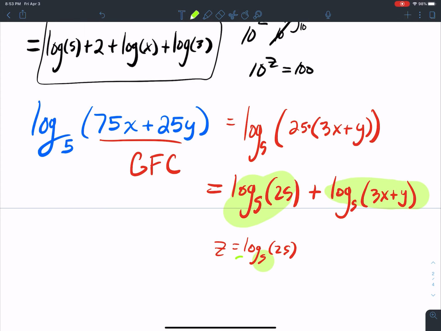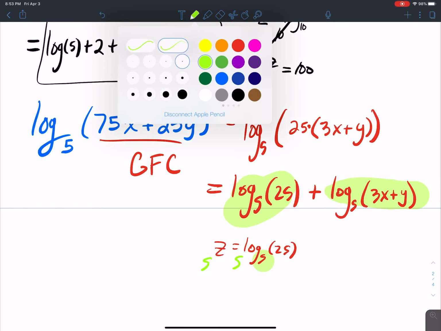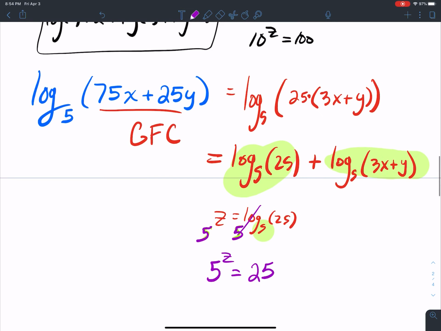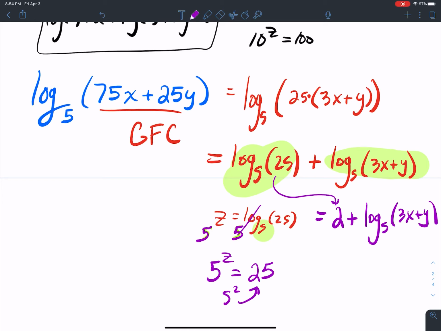I'm going to raise the 5 on both sides. Okay, let me do a different color so you can see it. So it's 5 to something equals 25. What do I raise it to? I raise it to 2 because 5 squared is 25. Okay, so my answer is 2 plus log base 5, 3x plus y.